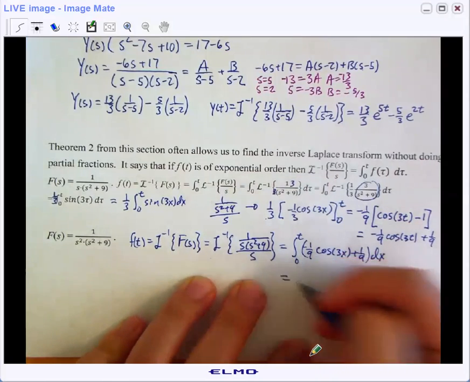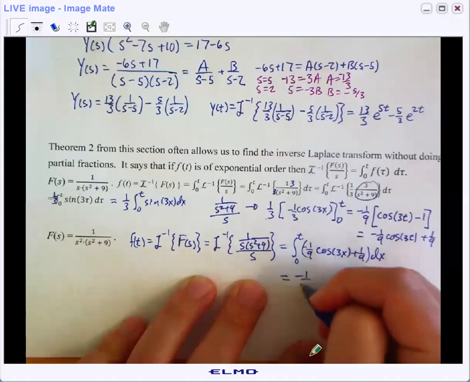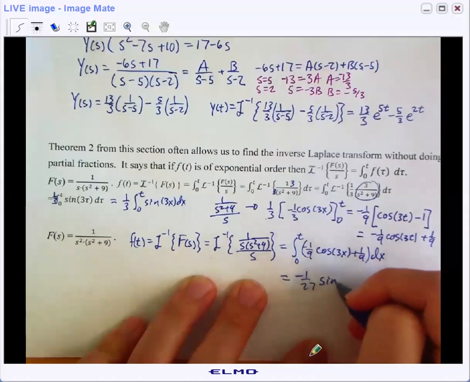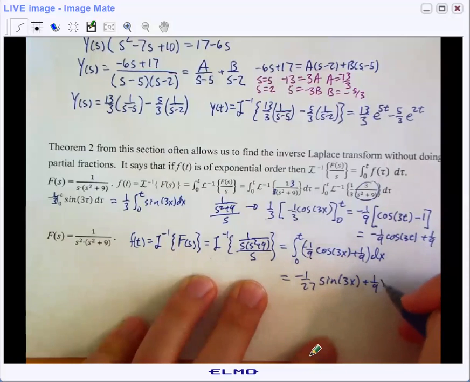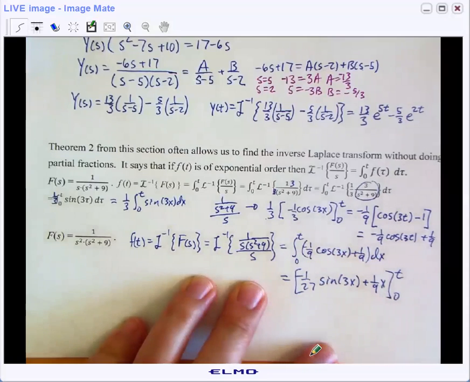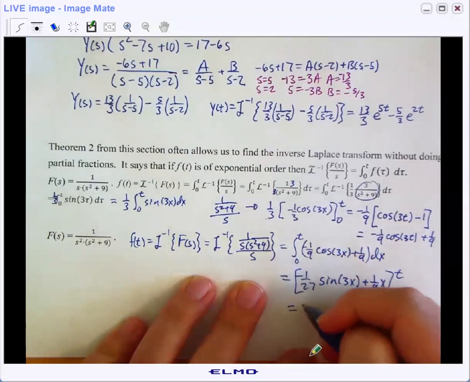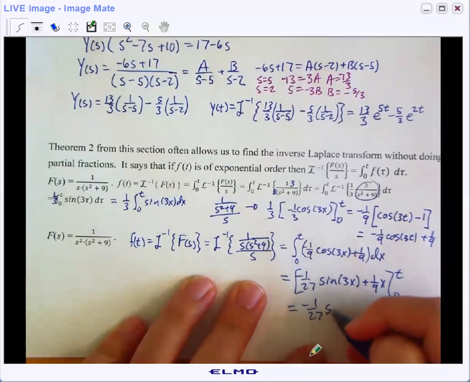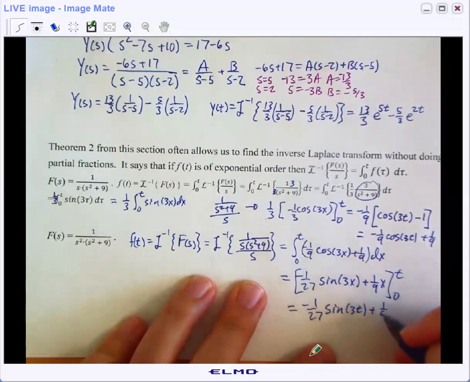Okay. So we're just using this fact again. And so if we do that, we're going to get negative 1/27 sine of 3x plus 1/9 x taken from 0 to t, which would give me negative 1/27 sine of 3t plus 1/9 t minus 0 plus 0.